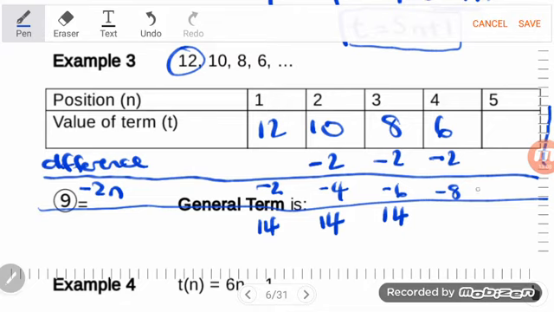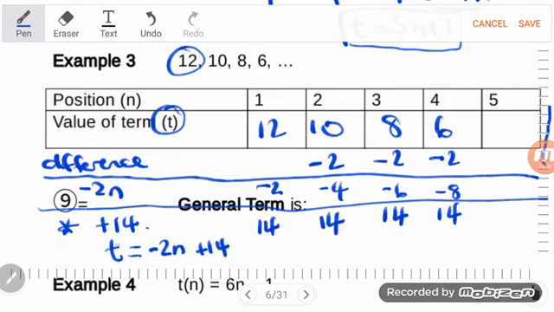It's 14. Negative 8 plus what equals 6? It's 14 again. Cool. So in here we are adding 14. Okay. So now we can put these two together. So we've got negative 2 times n plus 14. But what does this equal? This equals the value of our term. So we put equals t. And this is our general equation.